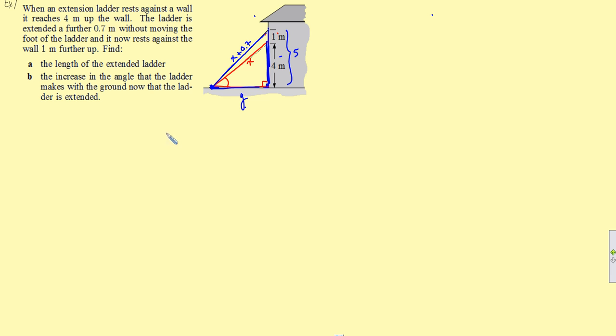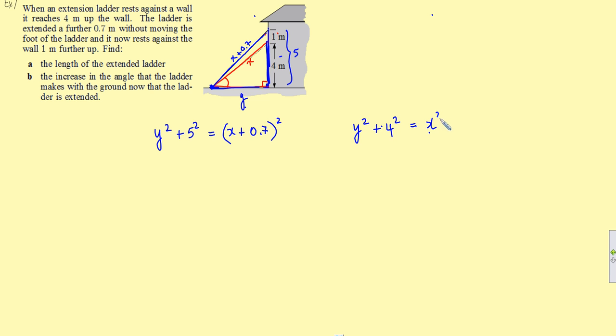So I could really use the Pythagorean theorem here and say y squared plus 5 squared is equal to x plus 0.7 squared. Okay? And I could also say that in the smaller red triangle, y squared plus 4 squared has to equal x squared.